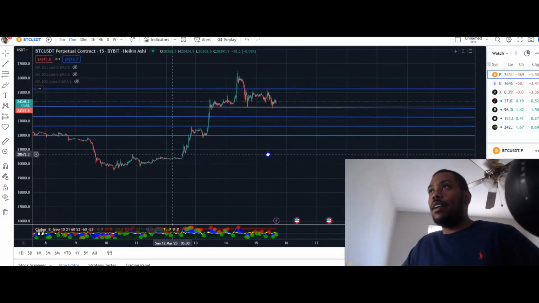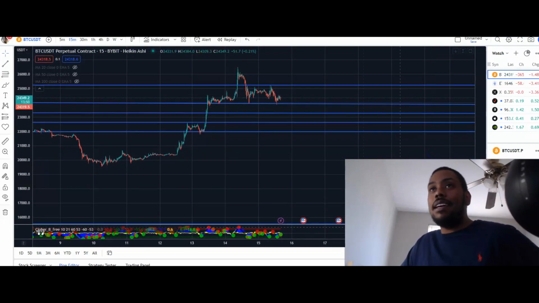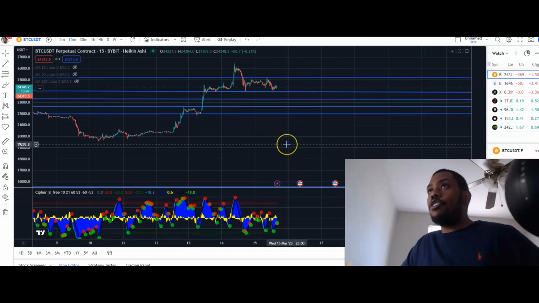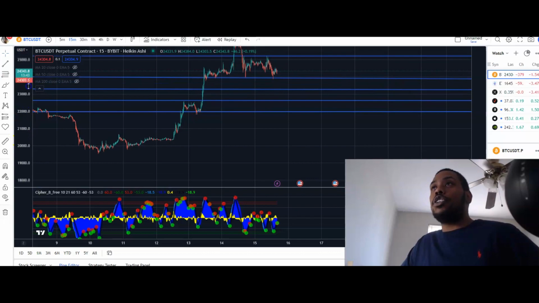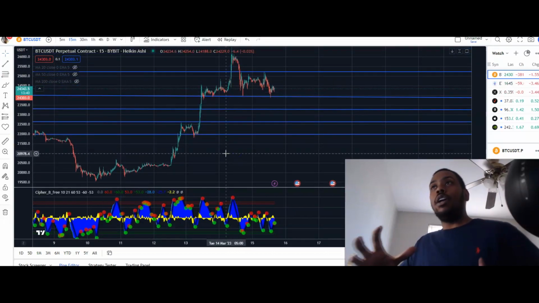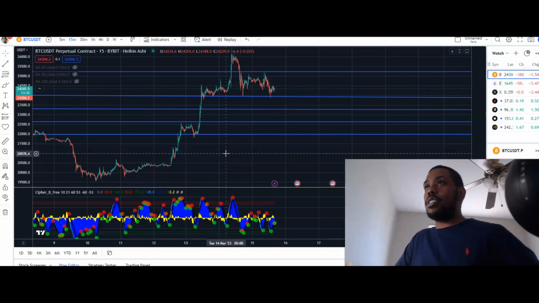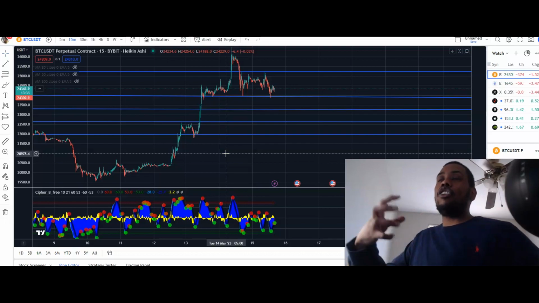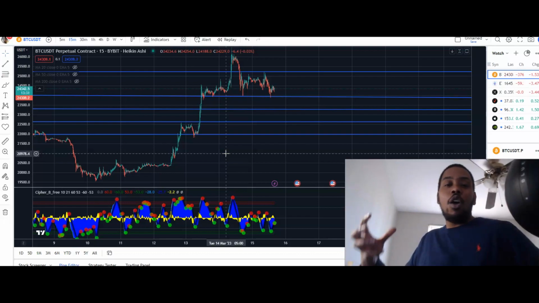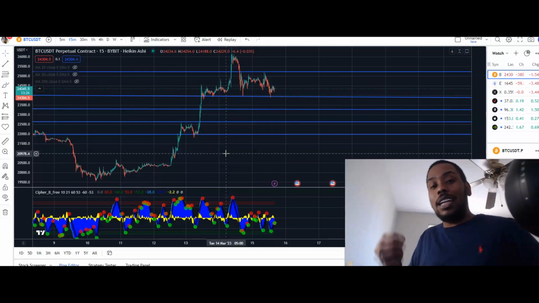We're going to look here first at the 15-minute, because for all the day traders out there, when you gather all of this information from the longer-term time frames and come down to shorter time frames, it gives you the ability to see divergences a little bit more and really get an early entry into the market, which I consider to be very important, because if you can get the best early entry possible by day trading on shorter time frames, you can use high leverage, which is definitely inside of my trading plan.